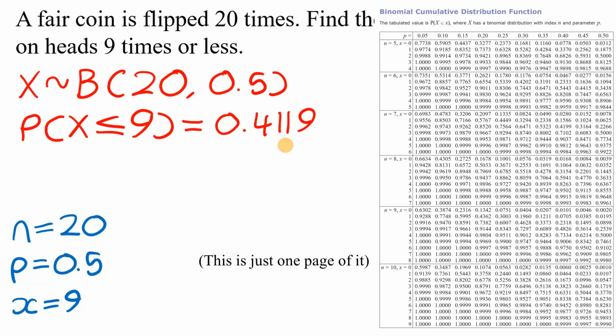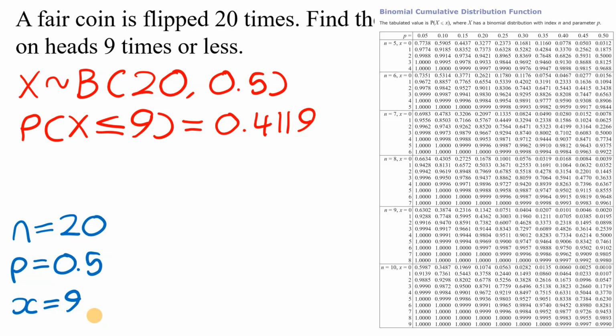If you have the Pearson textbooks near you, in the Stats and Mechanics Year 1 textbook, it's on page 204 as well, and it goes over multiple pages. You can find probabilities for certain values of n, p, and x. And luckily, when n is equal to 20, p is equal to 0.5, and x is equal to 9, this is a set of values that you can use to find a probability in the table.